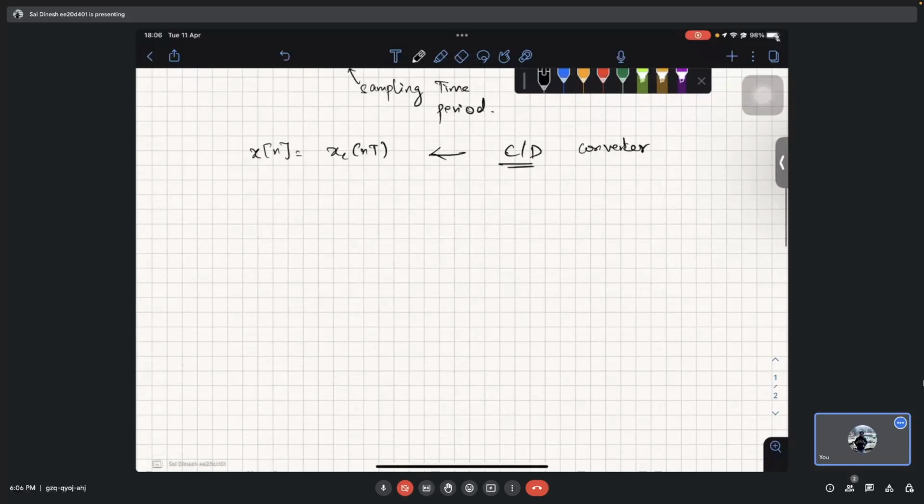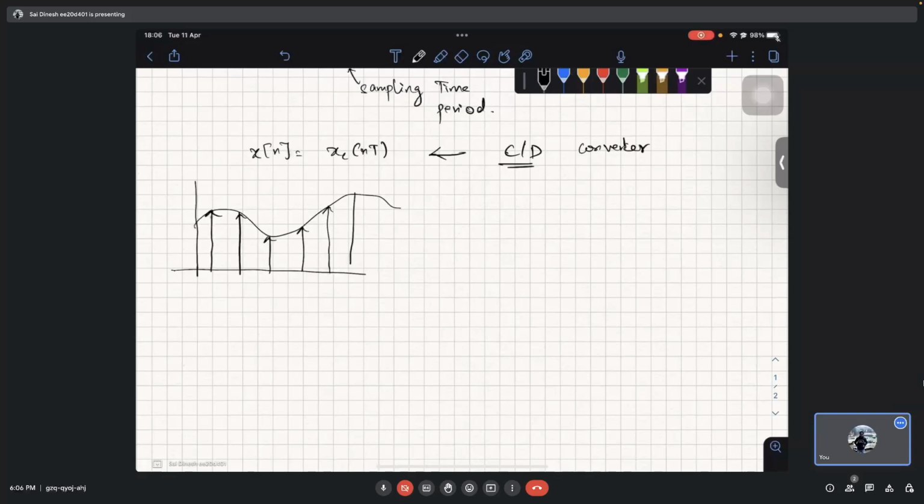Now how do we do this? Let's say we have a continuous time signal, and we want to take periodic samples of that signal. How do we do that? We do that using an impulse train. So what is an impulse train? It is a periodic signal with equally spaced impulses, right?